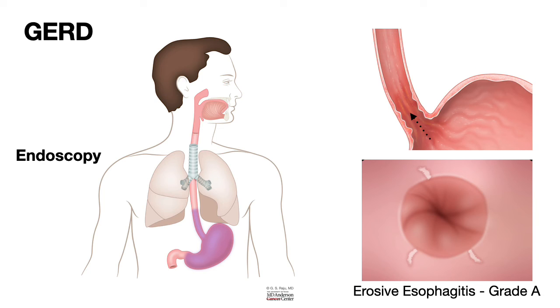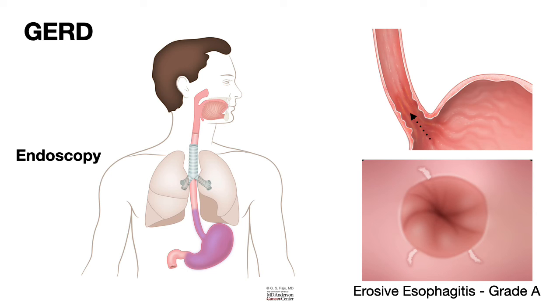And if the damage starts happening, milder damage, like a small break or an erosion of less than 5 millimeters without crossing across the folds, is labeled as grade A by the Los Angeles classification.